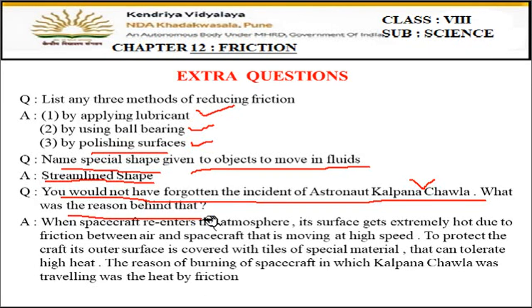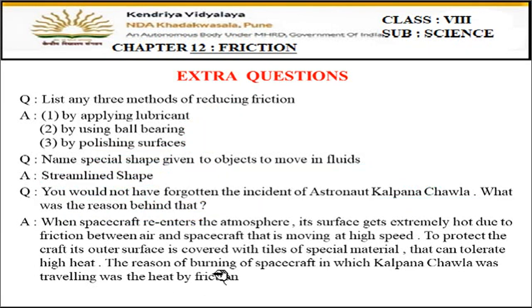So what was the reason behind it? Let's read the reason. When the spacecraft was re-entering the atmosphere from space, its surface gets extremely hot due to friction between the air and the spacecraft, right? The spacecraft was moving with a high speed, and to protect it, its outer surface is covered with tiles of special material that can tolerate high heat.